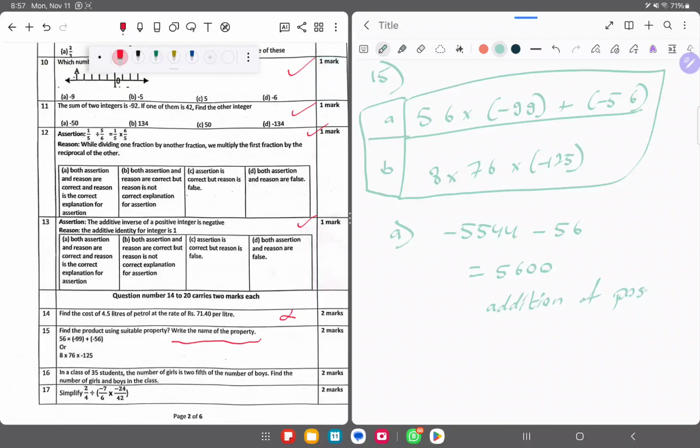So this is addition of positive and negative numbers. Your teacher has many ways of stating it, but it's just addition or subtraction. Now, what are you doing over here?